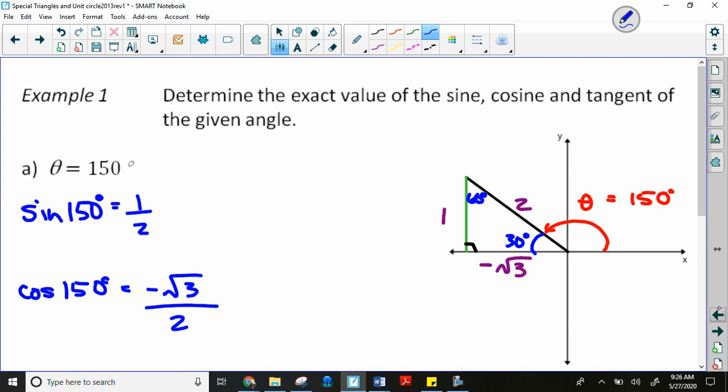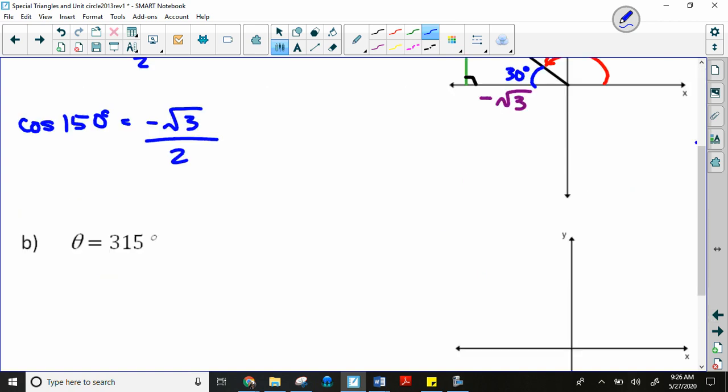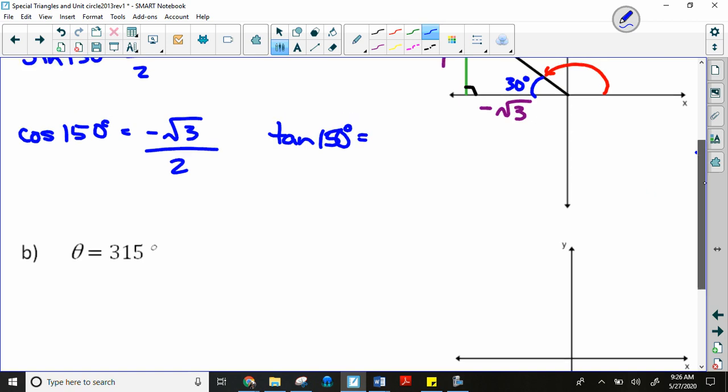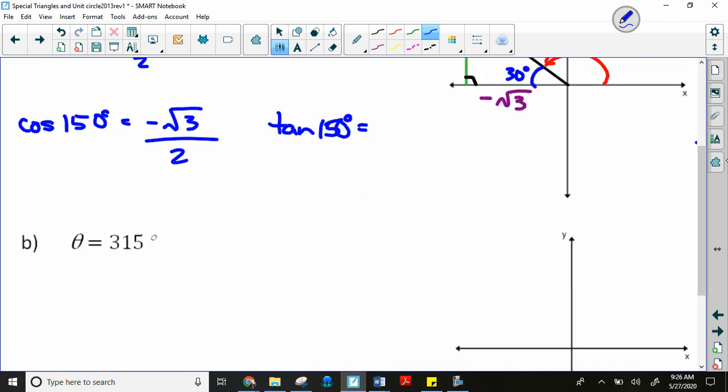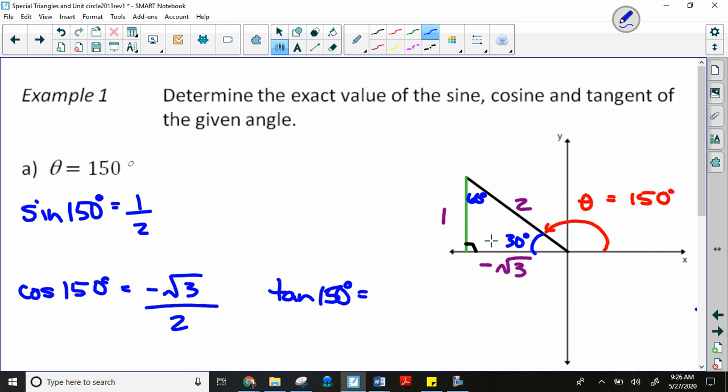I feel good about that. Tan is running out of room. Tan of 150 is going to give you opposite over adjacent, so 1 over negative root 3.